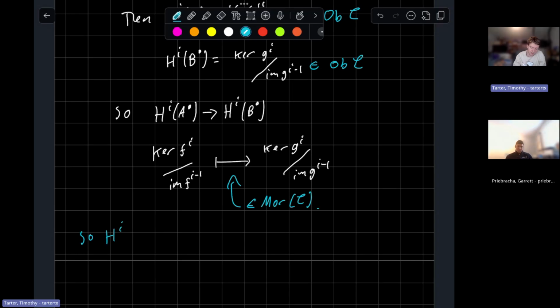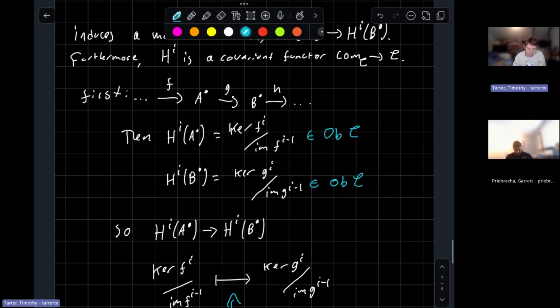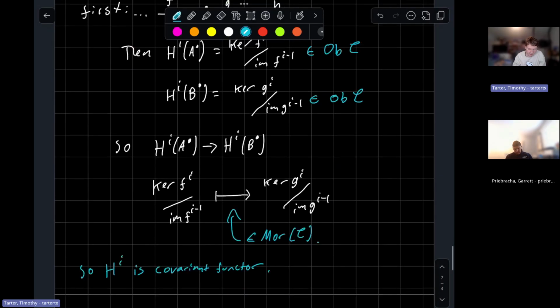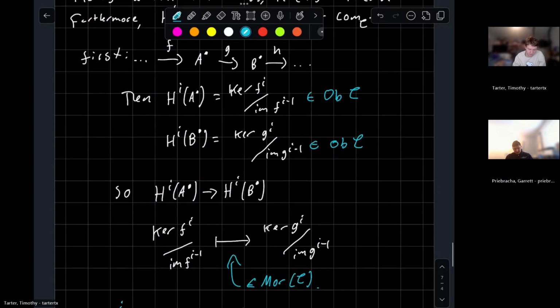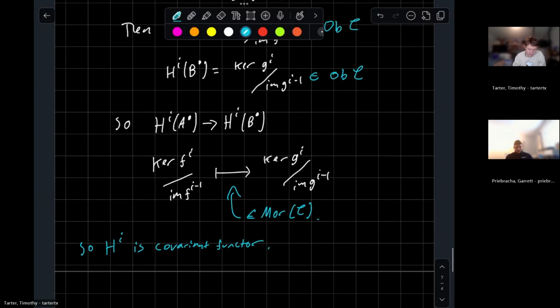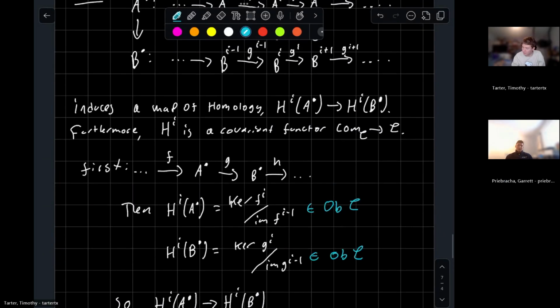So HI is a covariant functor. Does that make sense? Yes. Okay.